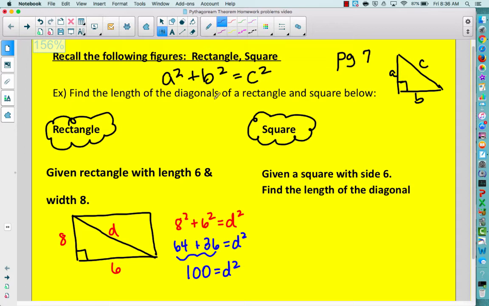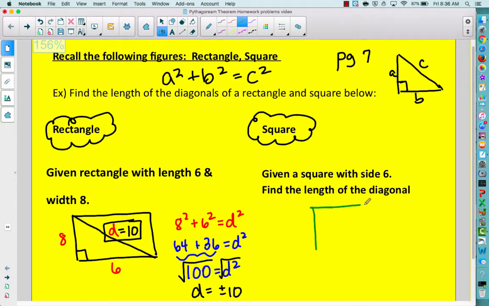Then I have that square with no linear terms, so I can use the square root method. I take the square root of both sides, and I get that D is equal to, remember, plus or minus 10, but because we're talking about a rectangle, that diagonal has to be 10. It can't be a negative length. That may have helped you if you were having trouble recognizing where the diagonal and the right triangle were.